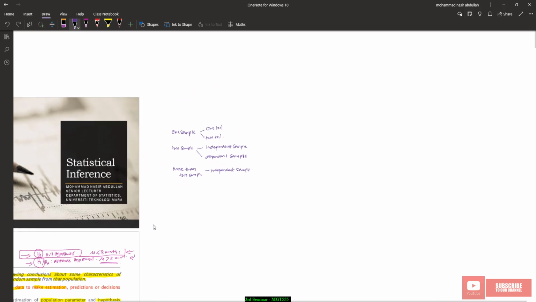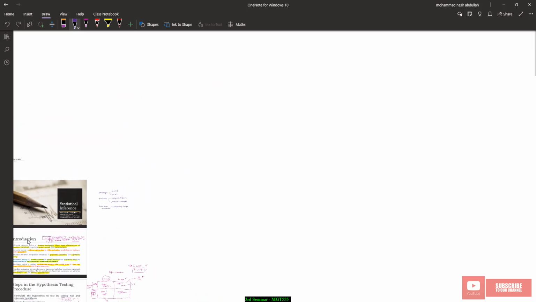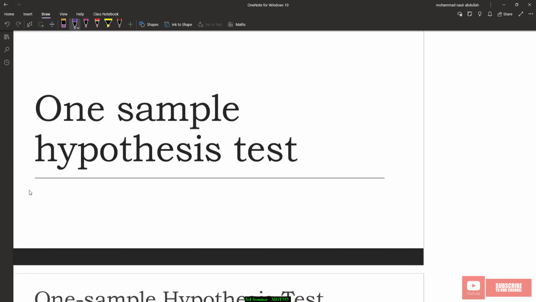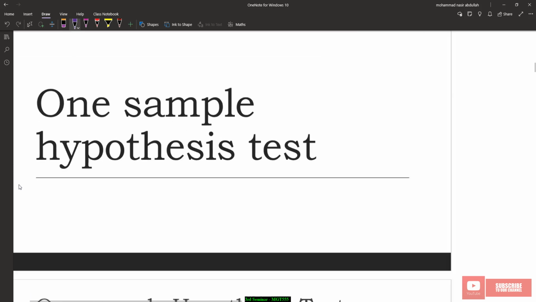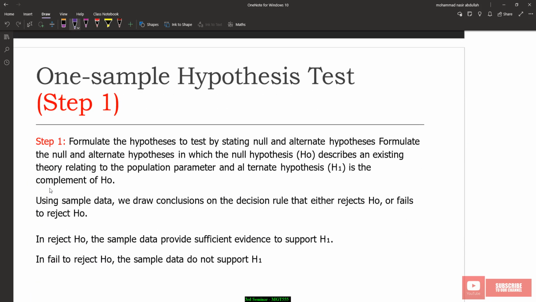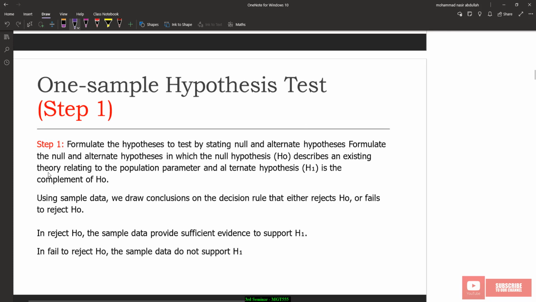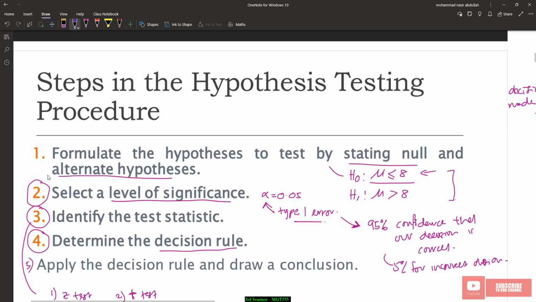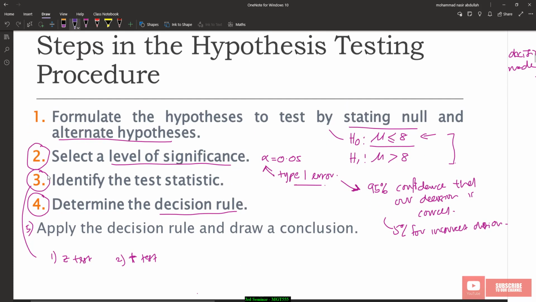So now, let's look at one sample hypothesis test, right? For one sample hypothesis test, the first step, as I said in this slide, is we need to formulate the hypothesis test.